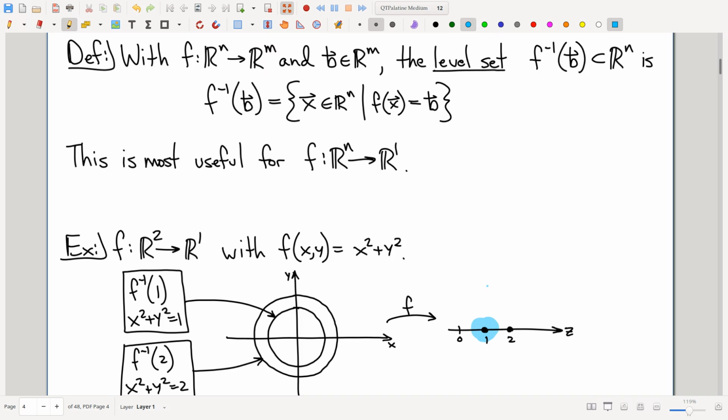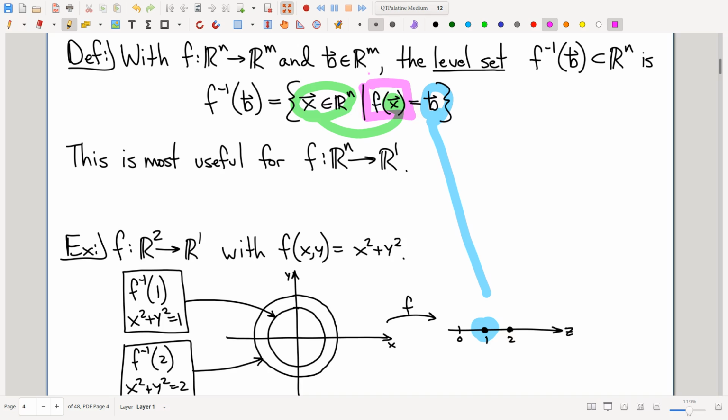This is the value that we're going to call b here. Given that output value b, the preimage, the level set for that output value, is the collection of all of the input points for which the value of the function gives the prescribed output. That's just what a preimage is.